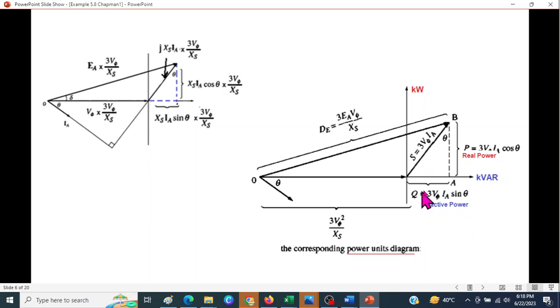So this is reactive power, and the combination of the two will give us apparent power. We know this formula, S is the square root of P squared plus Q squared, and if you use these two, square them and take the square root, then we'll get this value. Therefore, this is our apparent power. So we write apparent power. So this is the complete power unit diagram.